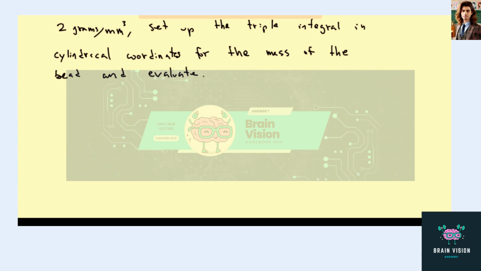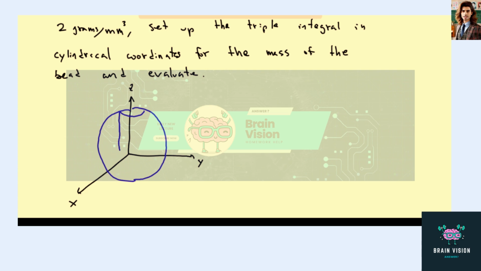So first, let's draw a schematic. We'll start by drawing an x, y, z coordinate system, and draw a sphere in the middle. Within our sphere, we have a cylindrical hole with a radius of 1 millimeter.